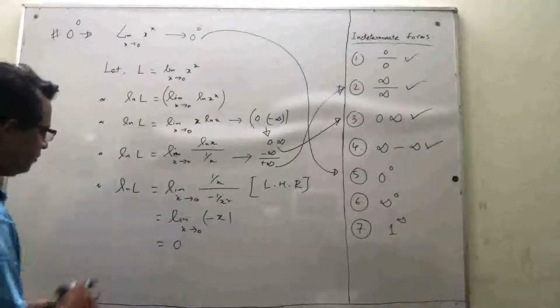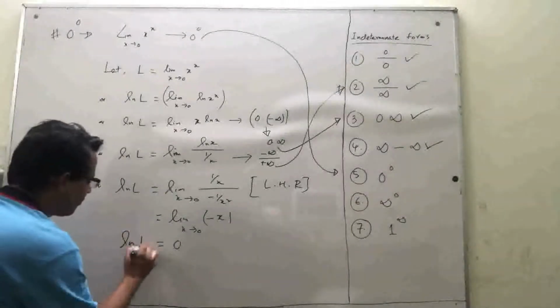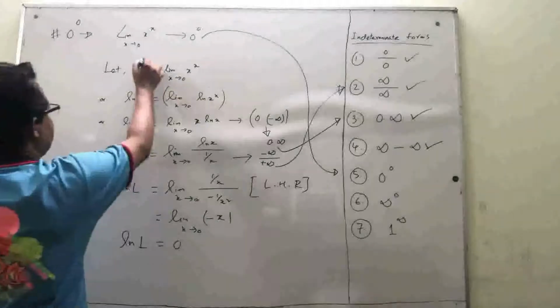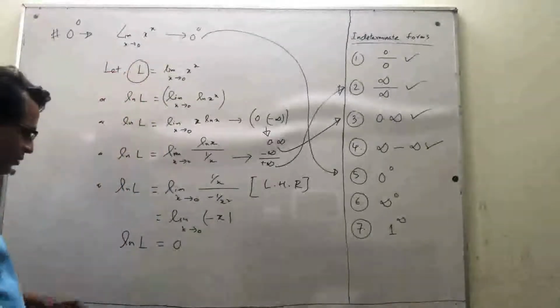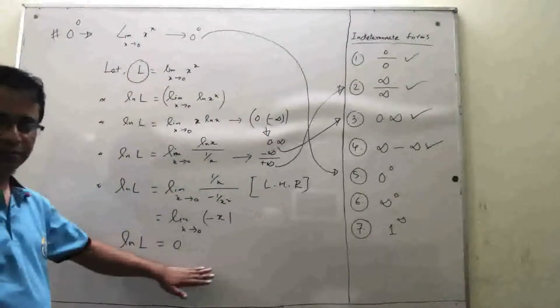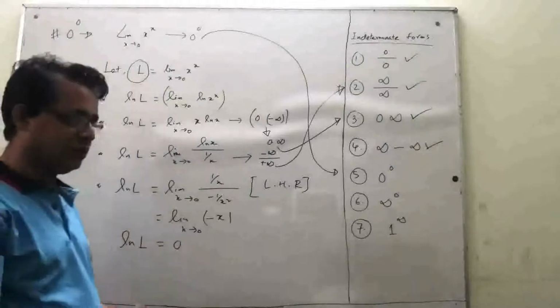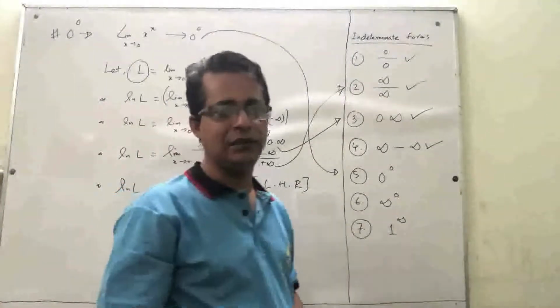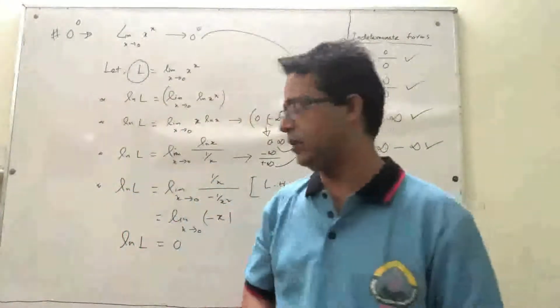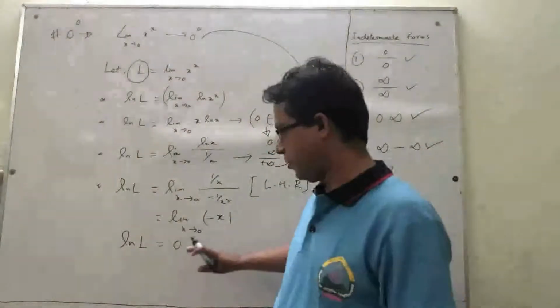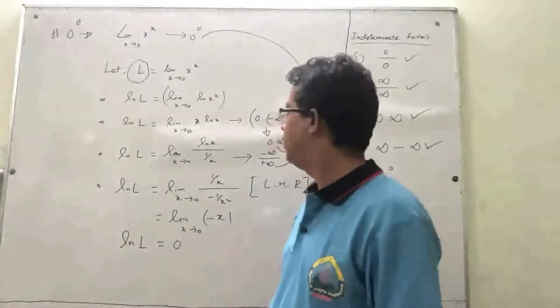Ln L equal to 0. But we have to find the value of L. We have ln L equal to 0. Now we take anti-logarithm on both sides for natural log.